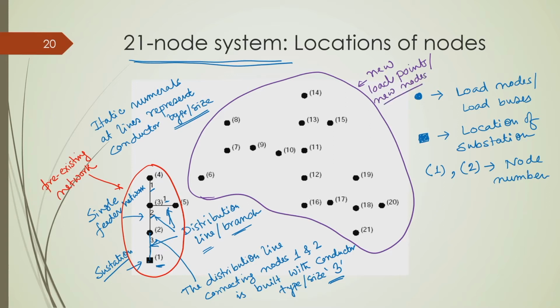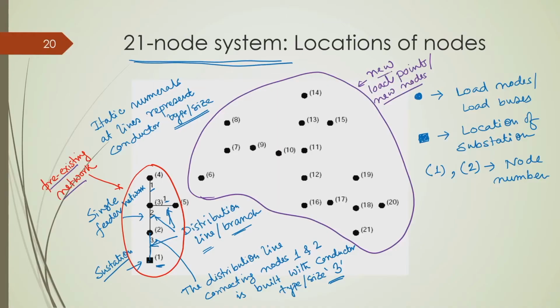So, we have a pre-existing network which consists of bus 1, bus 2, bus 3, or node 1, node 2, node 3, node 4, node 5, and we have some new nodal points, some new load points starting from node number 6 to node number 21. Now, our goal is to connect all these new load points with this pre-existing network in an optimal way.